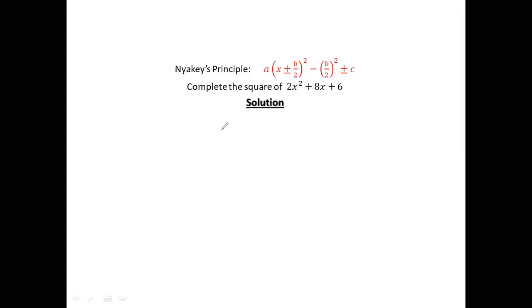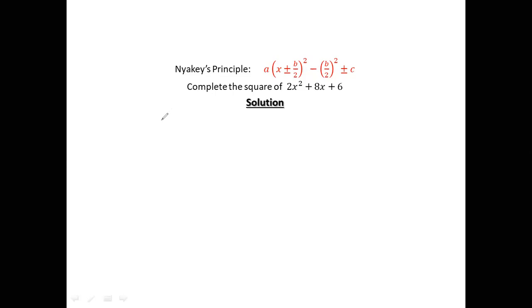Well, let's take another one. Are you ready? The expression 2x squared plus 8x plus 6. How do we factorize it? By completing the square. Look at this. The value of a is 2. But the rule says before you complete the square, the value of a must be positive 1. So what shall we do to the positive 2 right in front of x squared?